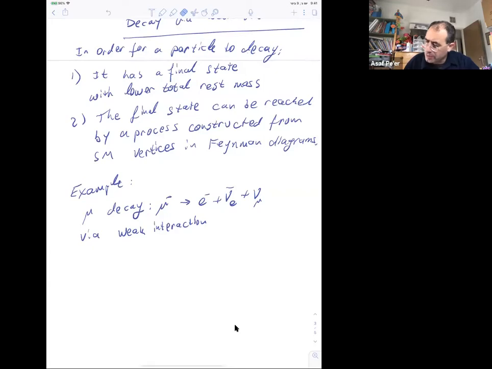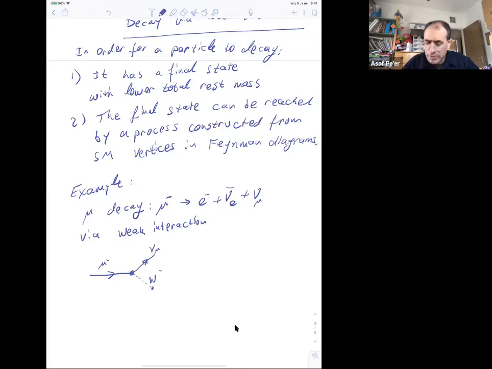You start with the muon. Then we have a vertex where it exchanges a W, which has to be charged. So we have the W boson and the muon neutrino.